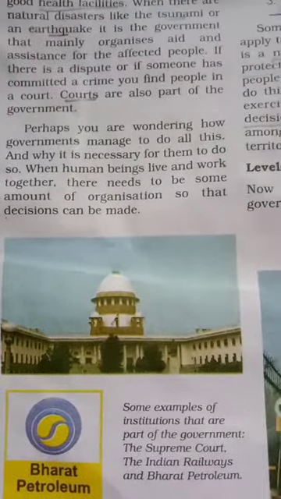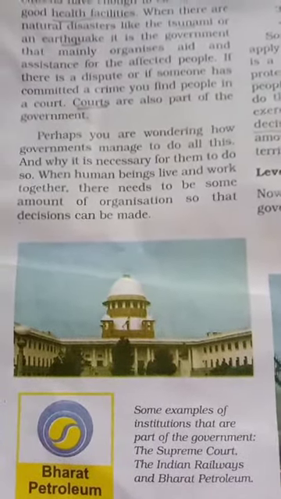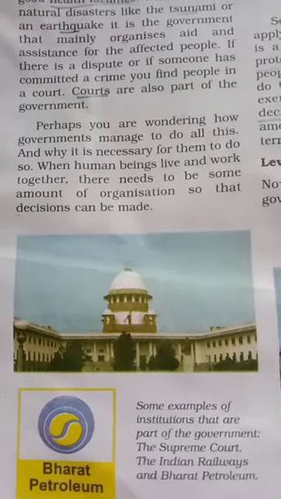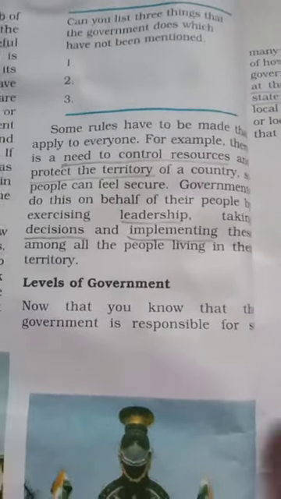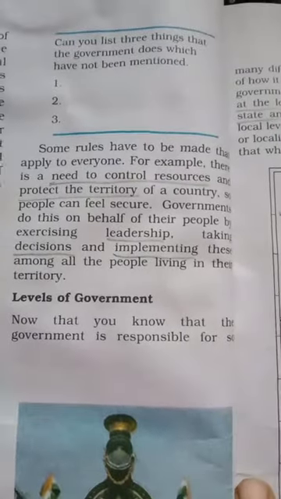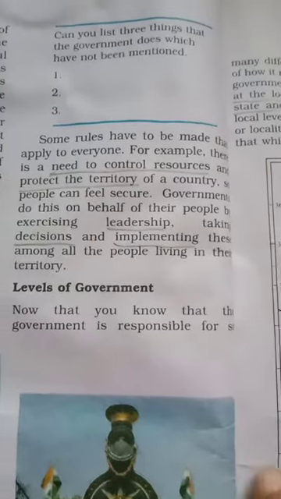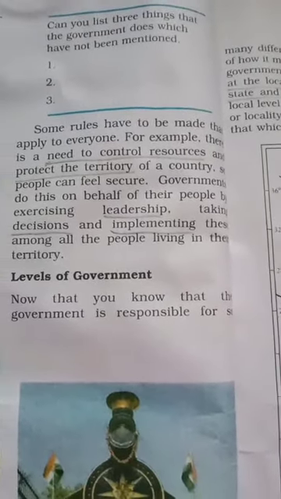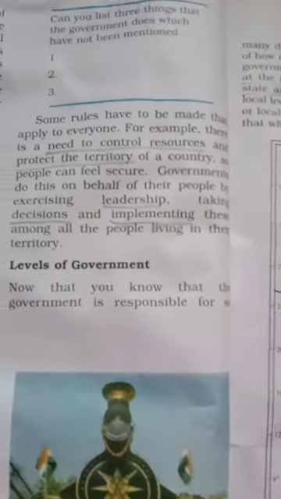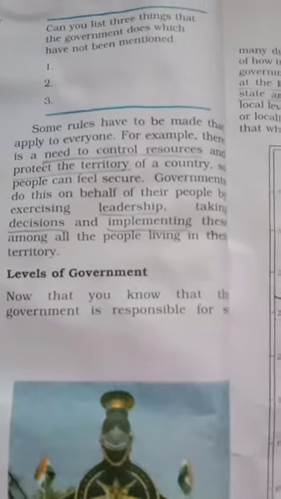So to look after all these things, there must be an organization. Some rules have to be made that apply to everyone. So if people are living in a community together, there should be some rules to be followed by the people. Then only they can live peacefully.